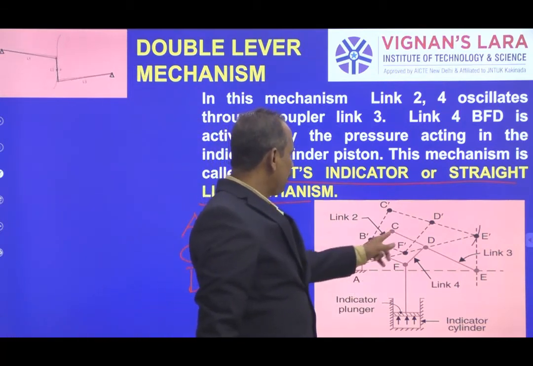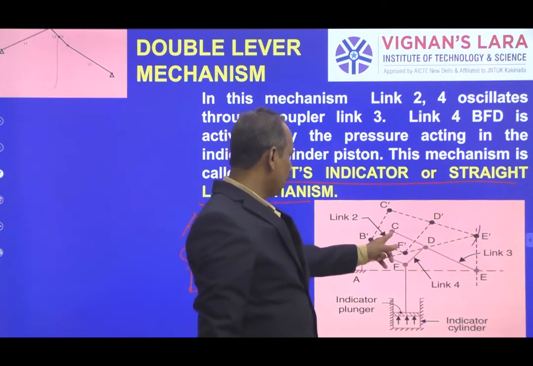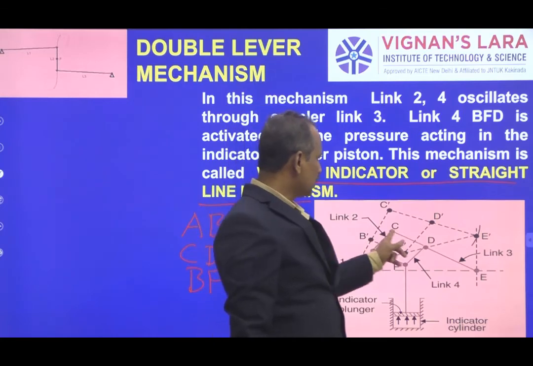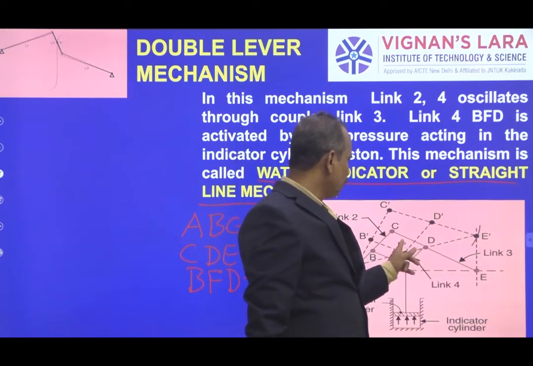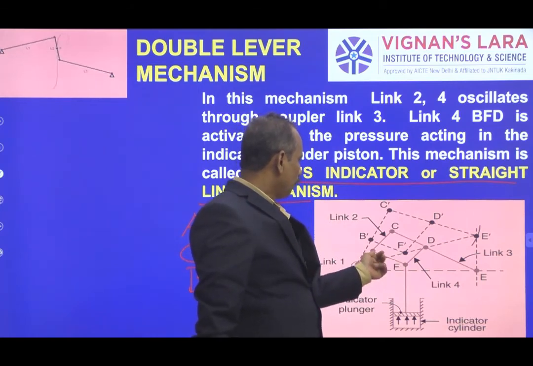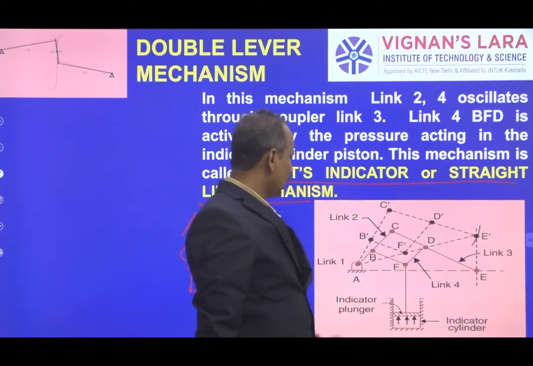In ABC, B is a point on AC and there is no relative motion here. Similarly in CDE, D is a point on the link CE. Here BFD is another link.